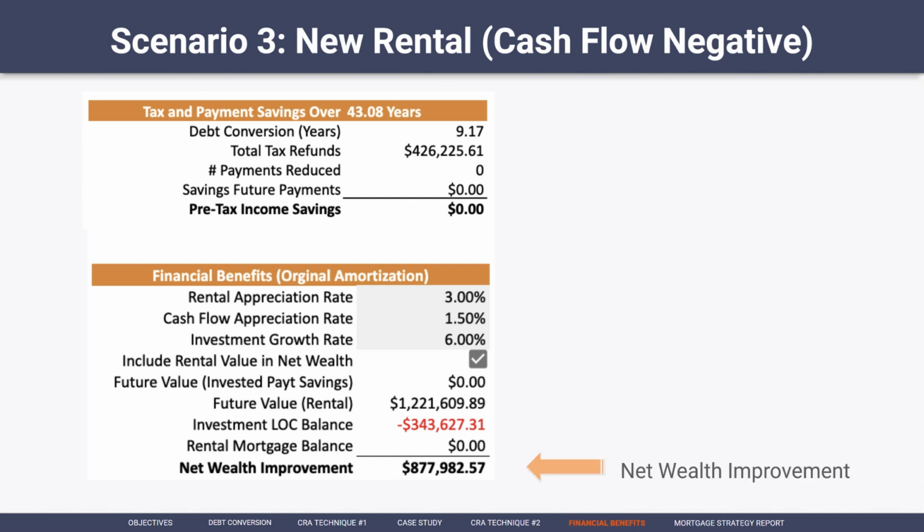Now let's take a look at net wealth improvement. Remember, we're comparing the timeline against the original amortization on the primary residence mortgage, which is 30 years. At that point in time, they have the rental property worth $1.2 million. We subtract the balance remaining on the investment line, $343,000, which gives us $877,000 after paying out the balance on the line.